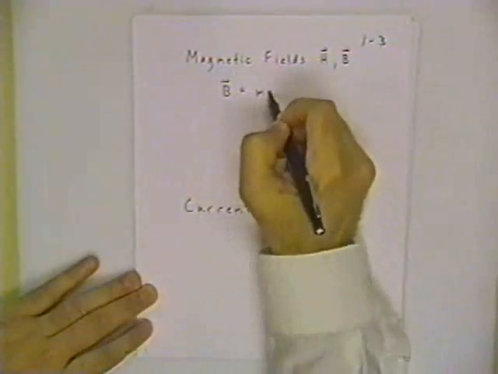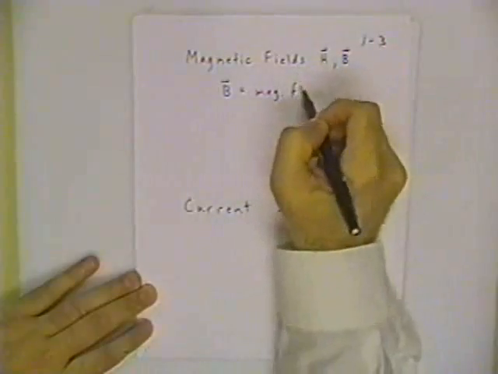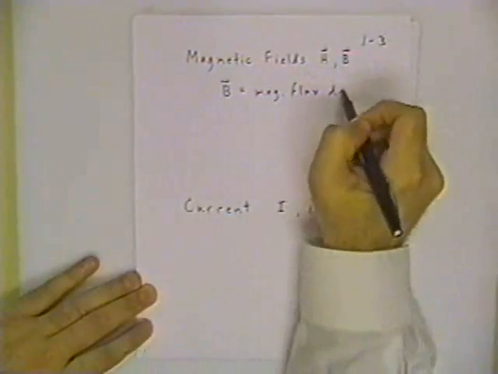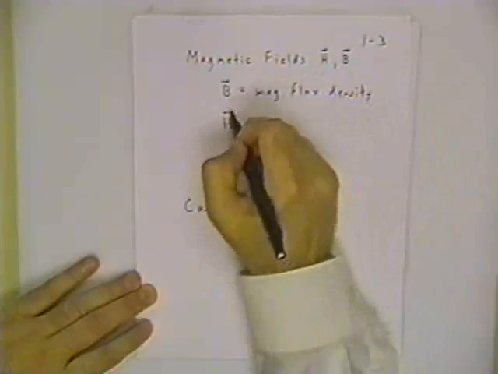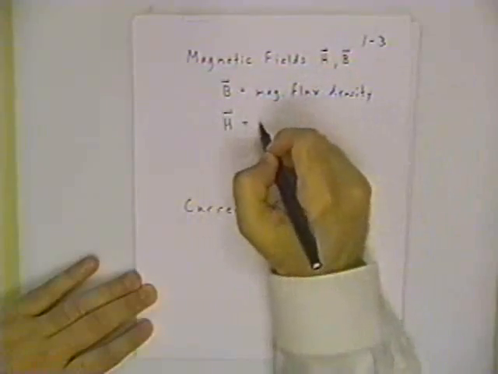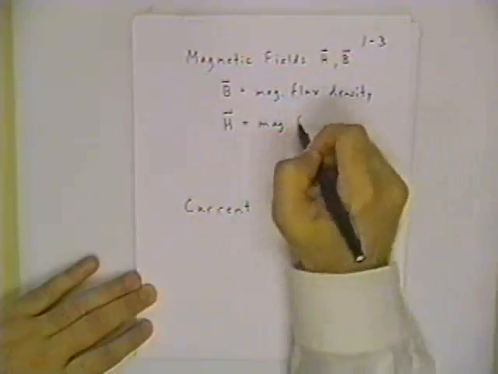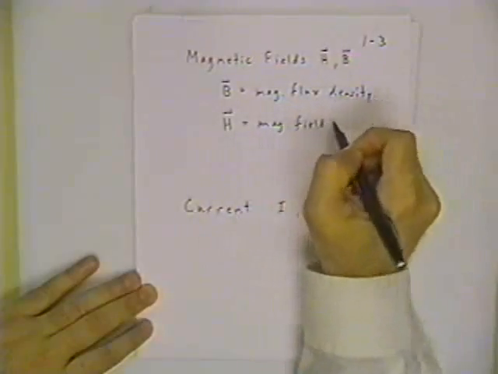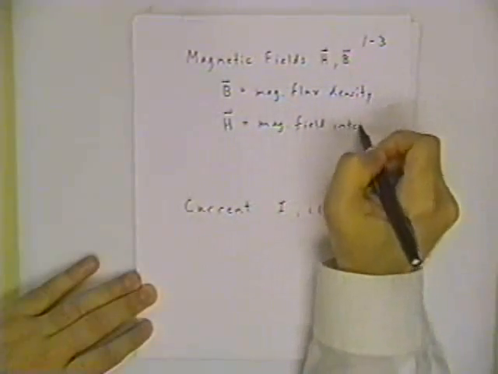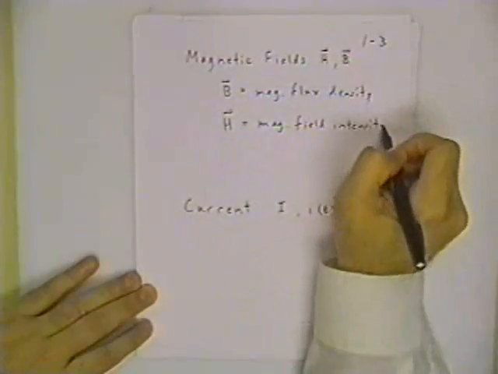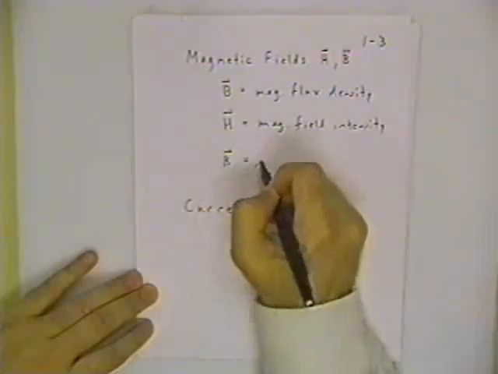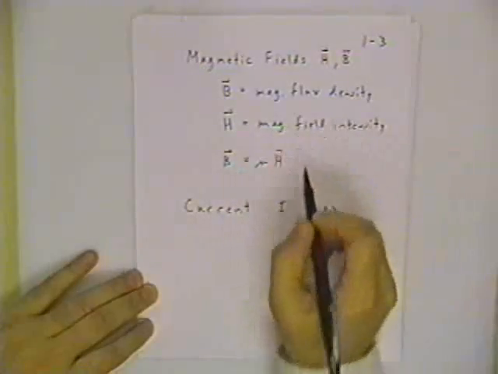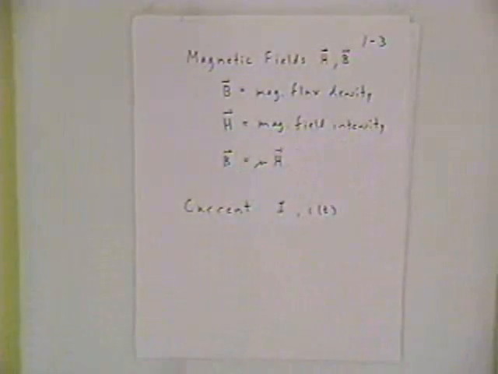B is called the magnetic flux density. H is related to it by a constant, and is the magnetic field intensity. And there's a relationship between them that says B is just a multiple mu times H.